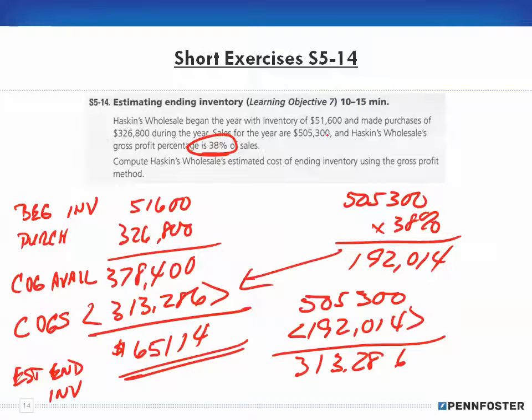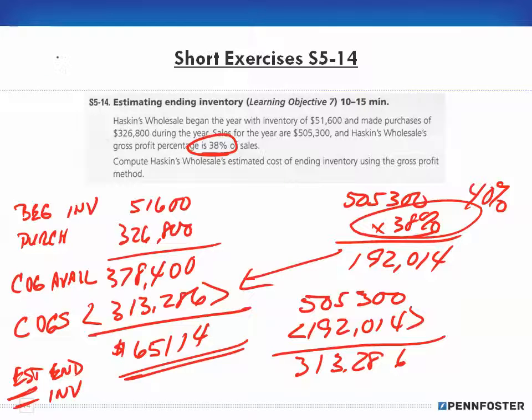Notice I use the word estimated because we're saying it's at 38%. We don't know that's exact. That percentage can fluctuate. That's why I call it my estimated ending inventory, because next period I might end up using 40%.